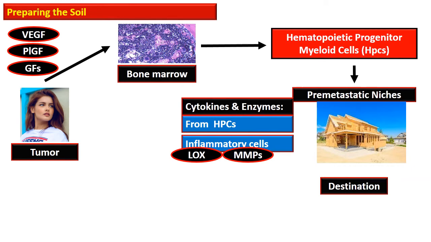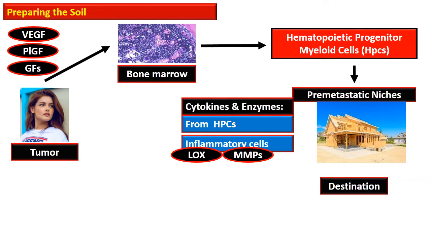So this is achieved by cytokines and enzymes that are derived from the hematopoietic progenitor myeloid cells, and also from the inflammatory cells that are recruited from the organ stroma and also from the blood.